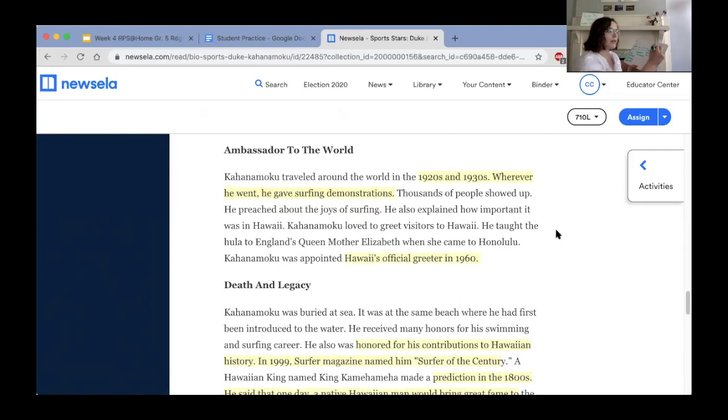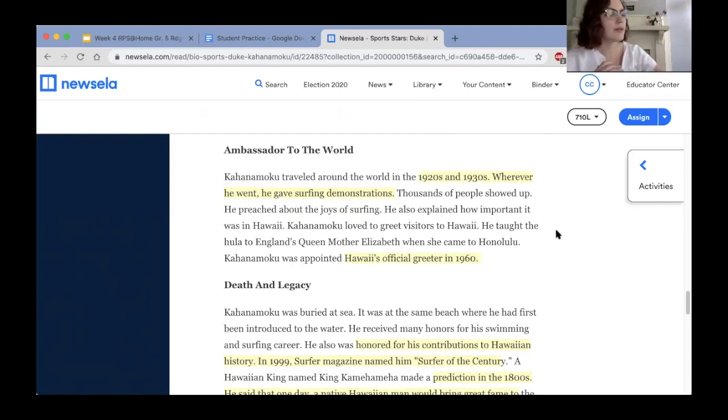So I'm going to bundle them to be in an era. So between the 1930s about and 60s, he was a spokesperson for Hawaii, the abbreviation is HI, and surfing.